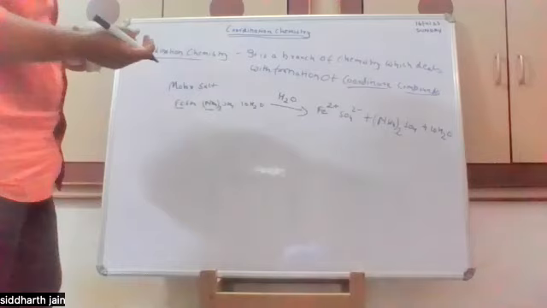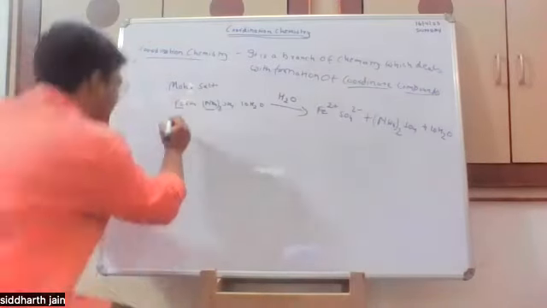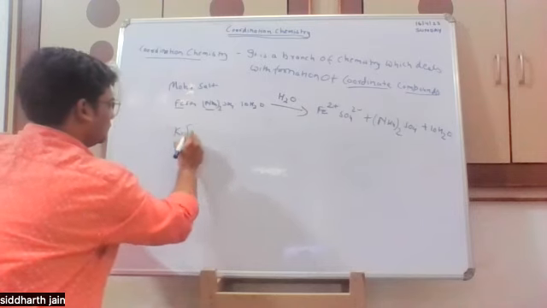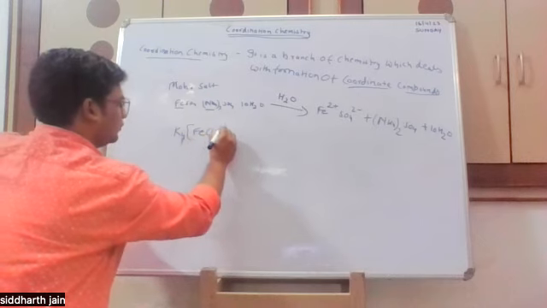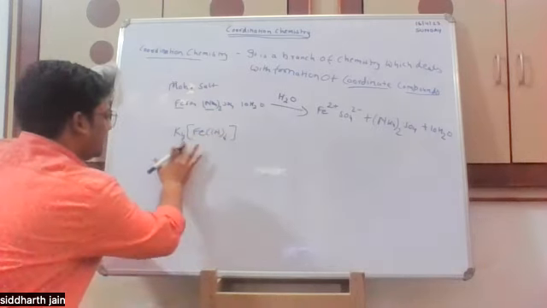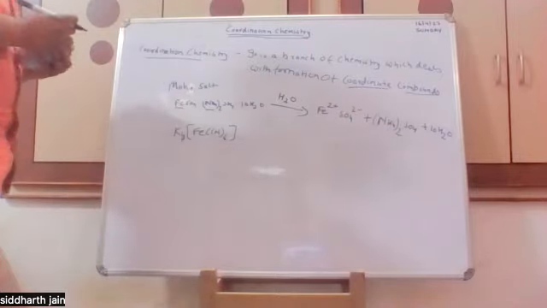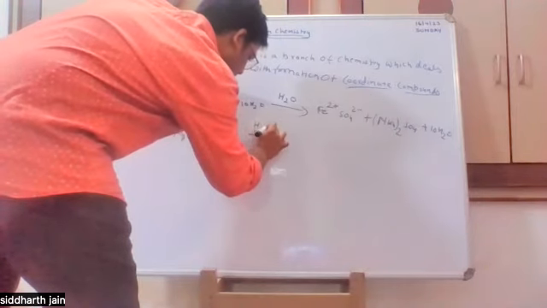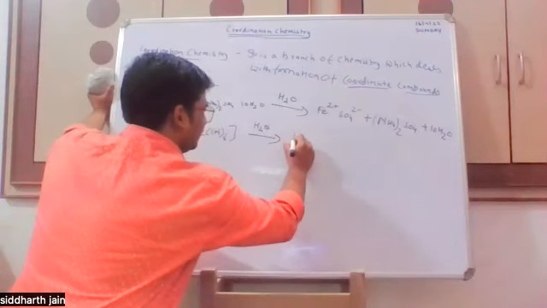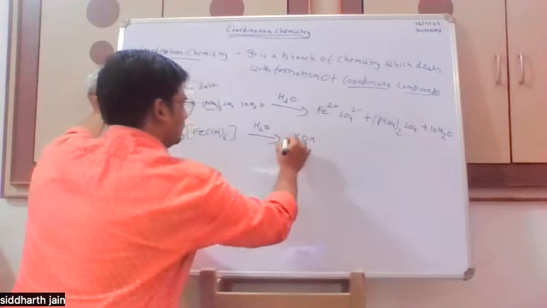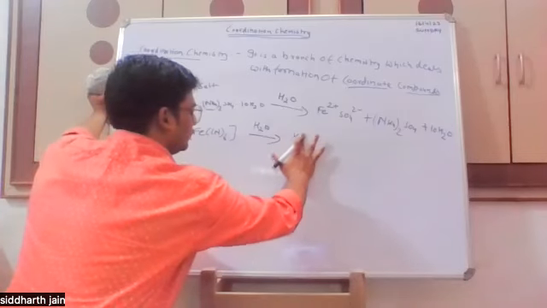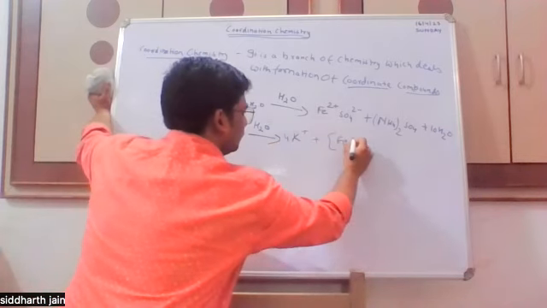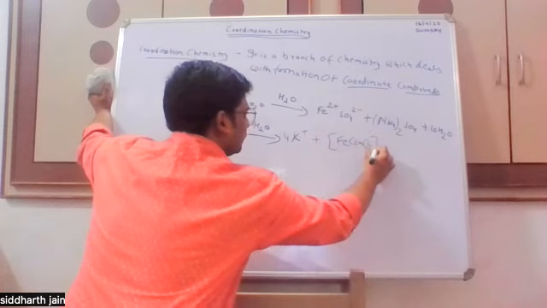But let's take another example. This is K4[Fe(CN)6], potassium ferrocyanide. So if we dissolve this in the water, we will get these ions.